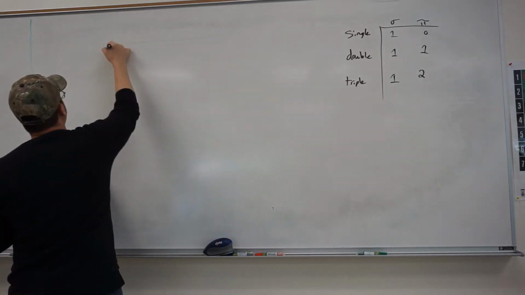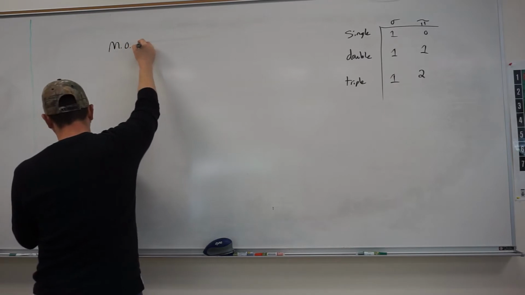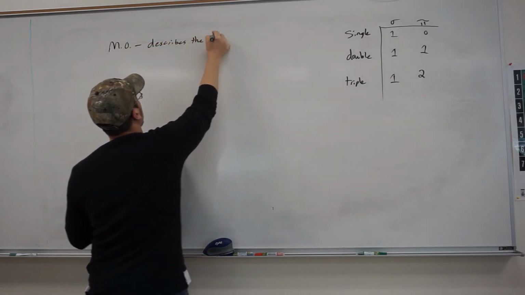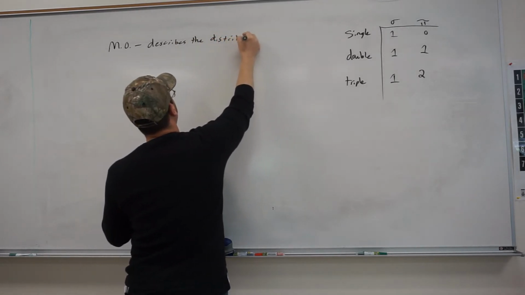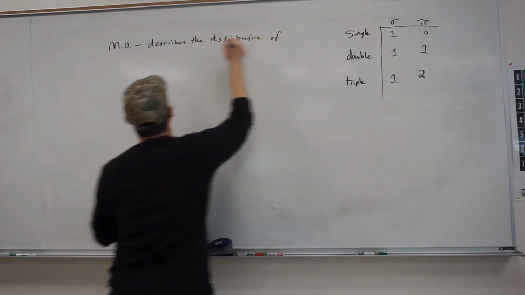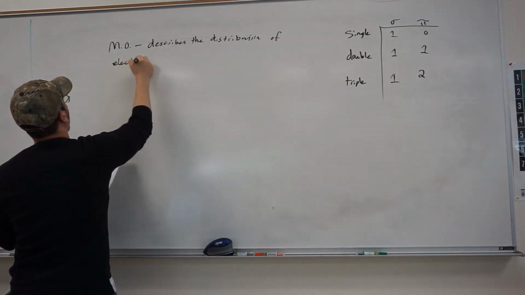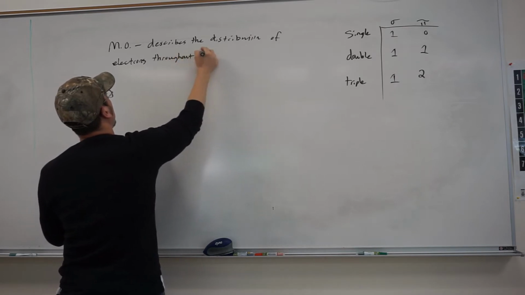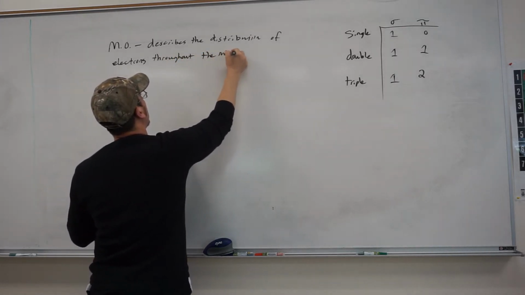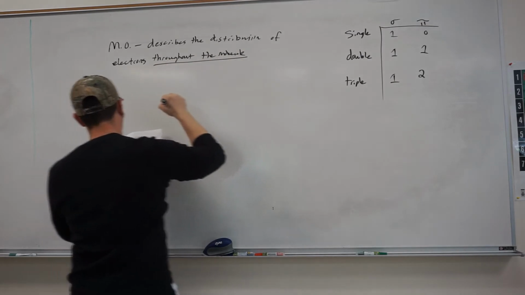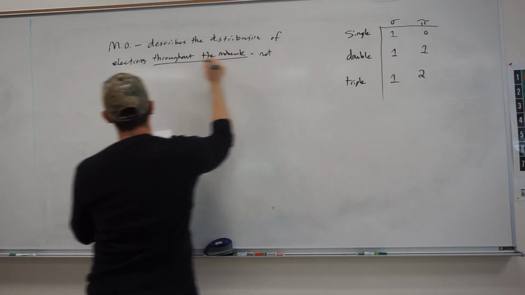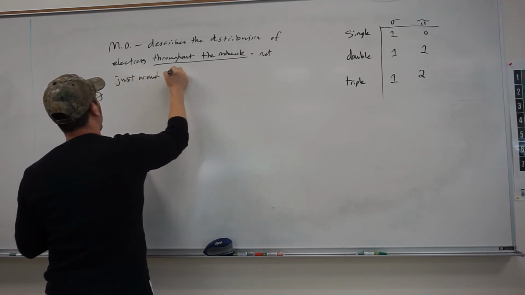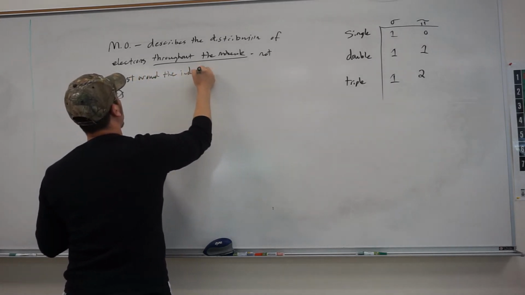Molecular orbital theory, I'm just going to abbreviate it, MO, describes the distribution of electrons throughout the molecule, not just around the individual atoms.